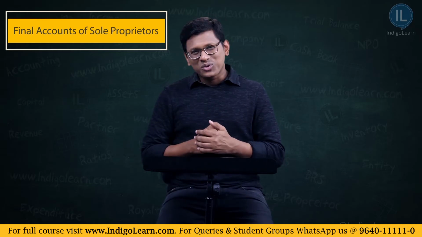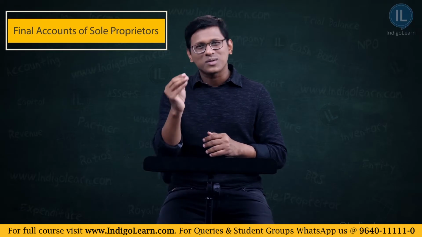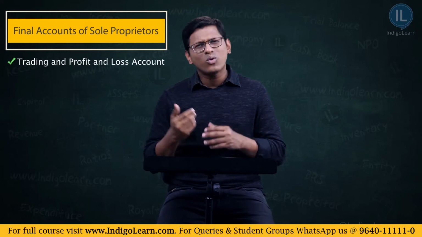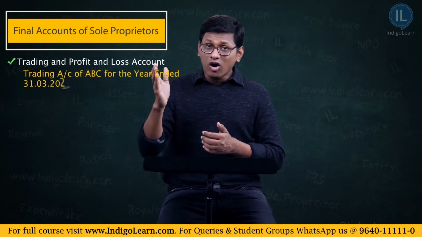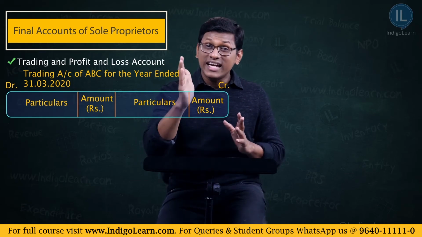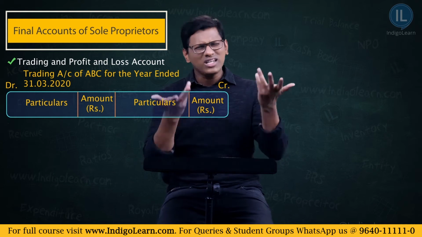Friends, one thing I want you to know is these headings, these names tell you something. You need to understand what they tell. If I talk about trading account, what will be the heading? Trading account of ABC, some business, for the year ended 31st March 2020, 2021, whatever the year be.